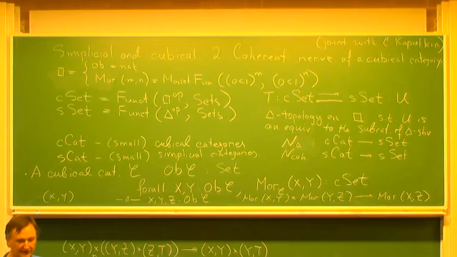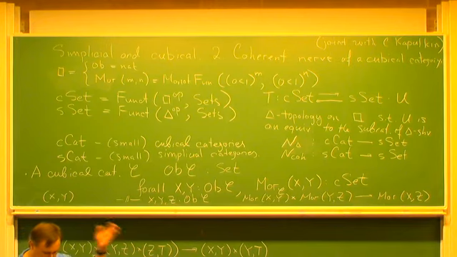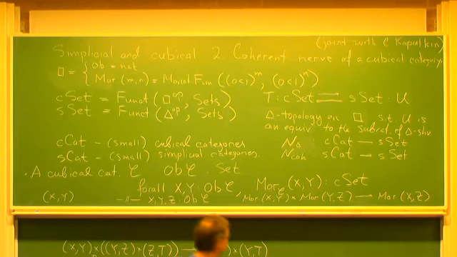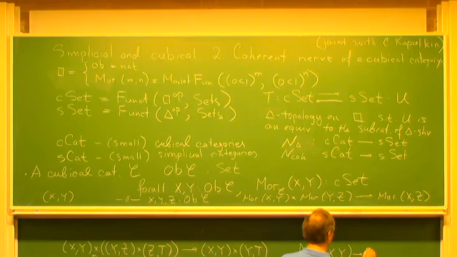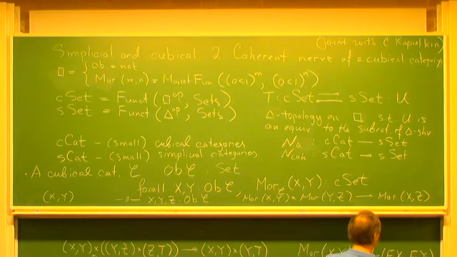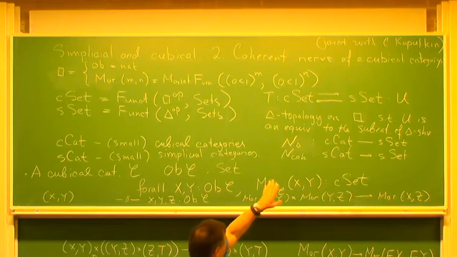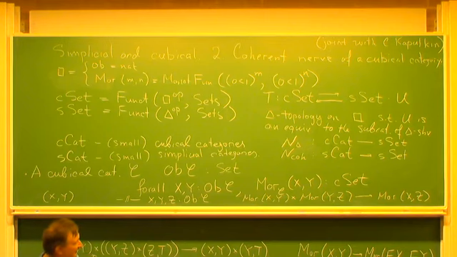These are functors where, instead of a function between the corresponding sets of morphisms, one uses a morphism between simplicial or cubical sets. And one can verify and get these categories C cat and S cat.